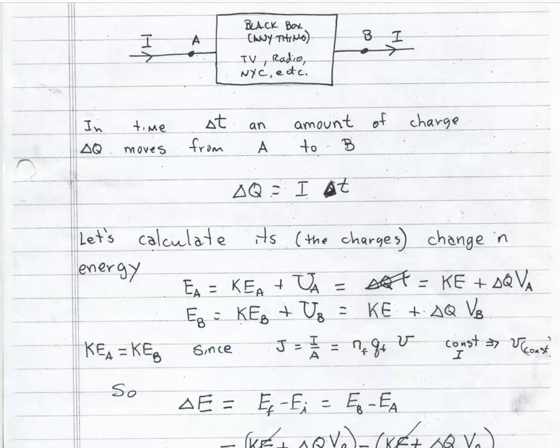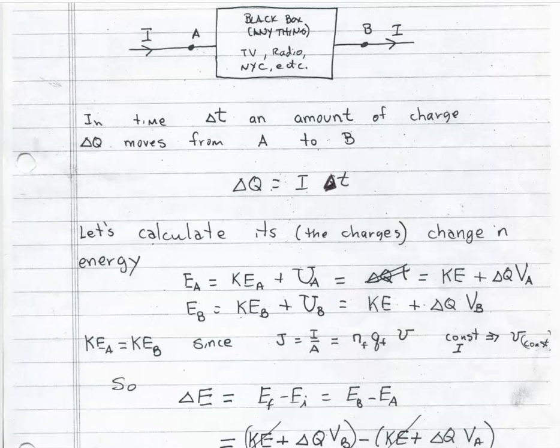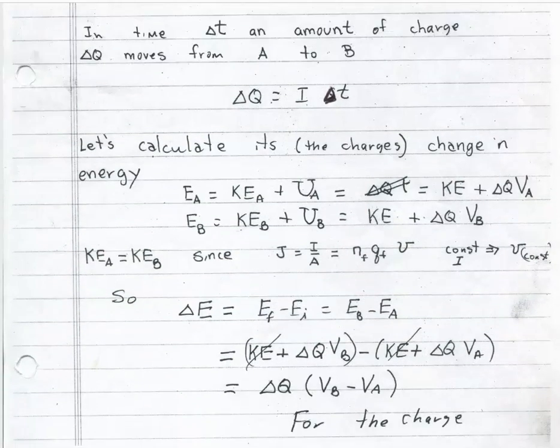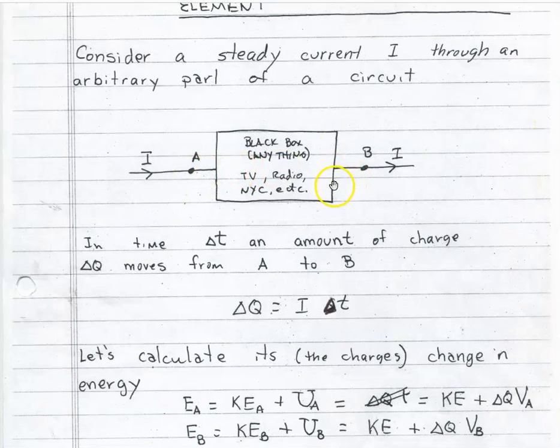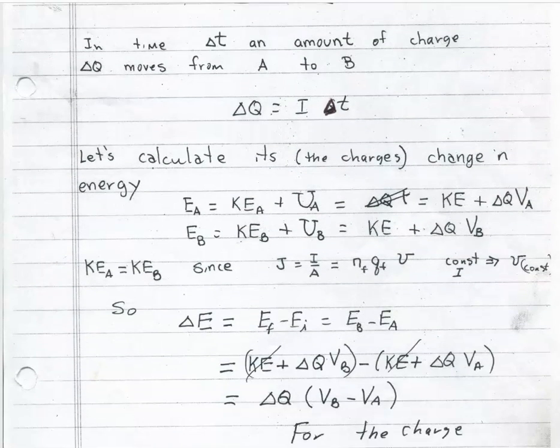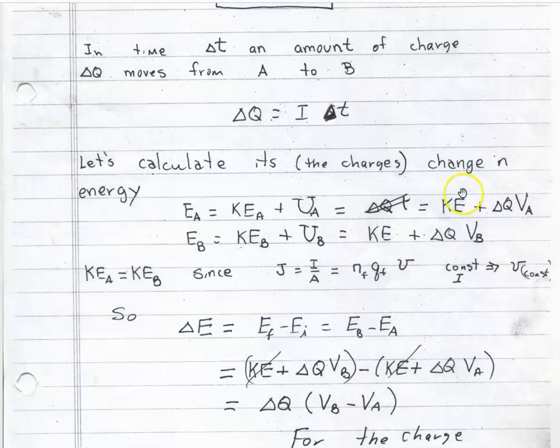Well, let's look at the change in energy of the charge. The change in energy is just the final minus the initial. Its final was up here, current's going this way, the energy at B, and the initial was the energy at A. So the change in energy is E_B minus E_A, but we've got those two expressions up here: KE plus delta Q V_B minus KE plus delta Q V_A.